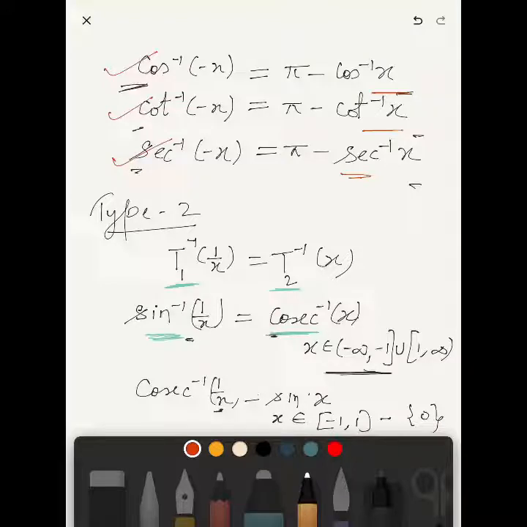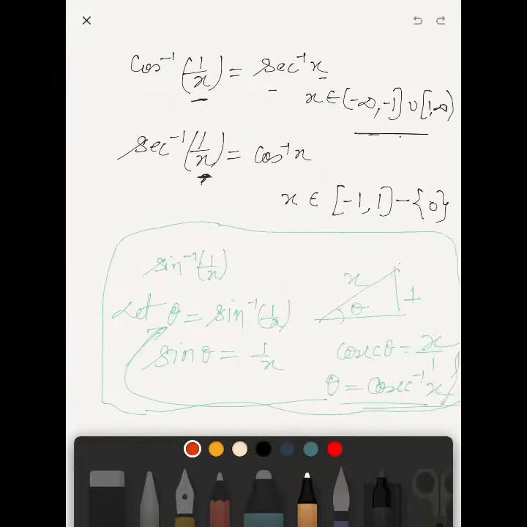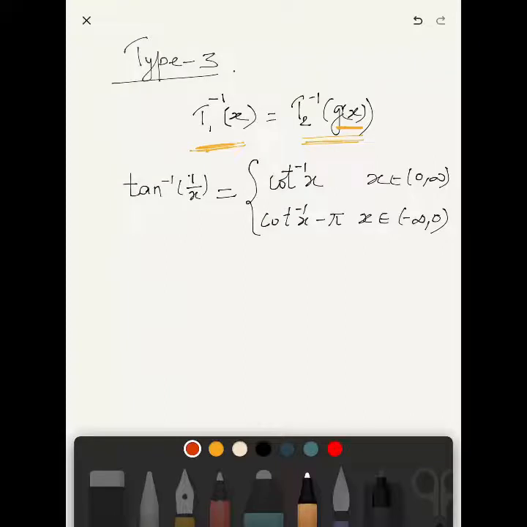So look here. I will take the function which is given on the left hand side as alpha. And the function which we are getting on the right hand side, the other trigonometric function, I will take as beta. So this is for x greater than 0, means from 0 to infinity, your input is positive, isn't it?